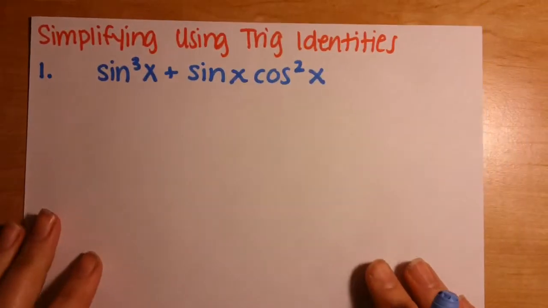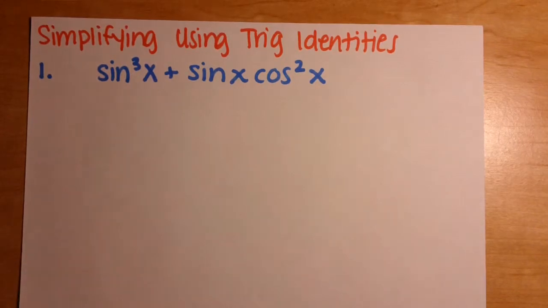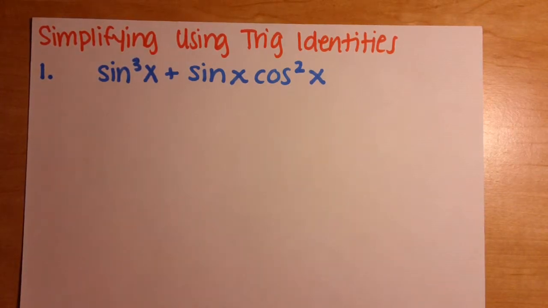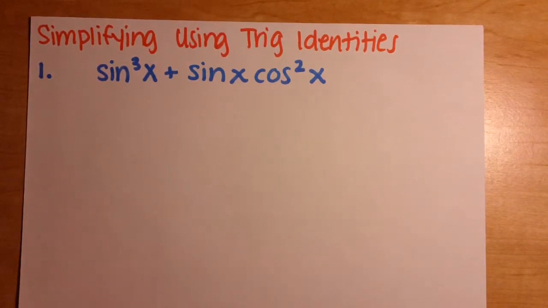Now let's try some examples of simplifying. So let's look at this one. We have sine cubed of x plus sine of x times cosine squared x. Here we can look and see if we can factor. So we can factor out a sine of x.